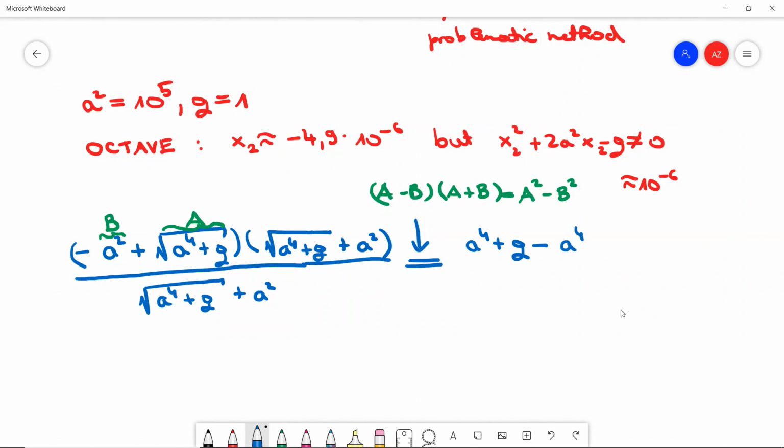So it's a to the power of 4 divided by a squared plus the square root of a to the fourth plus q. And here a to the fourth subtracts in the numerator. And what I get is another formula for calculating the same solution of our quadratic equation.